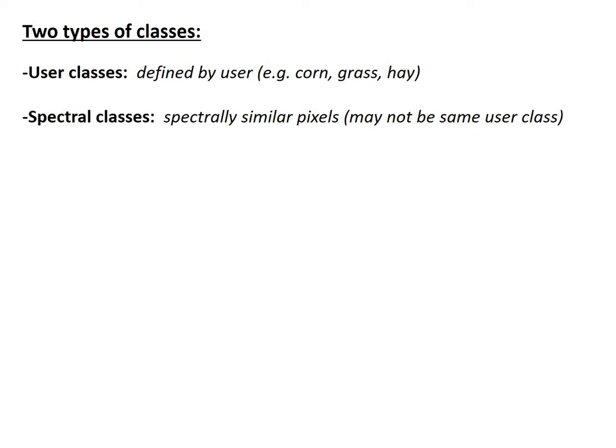They just look the same in terms of their spectral reflectance, even though they may not actually fall within the same user class. So it may be that you have some pixels of corn and some pixels of hay that look identical spectrally. They look very similar. They might make up their own spectral class, even though unfortunately they bridge two different user classes.